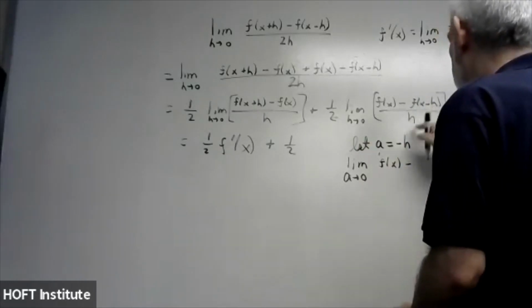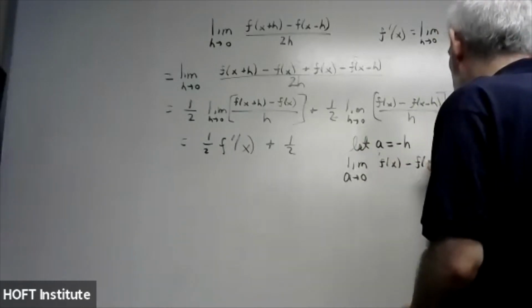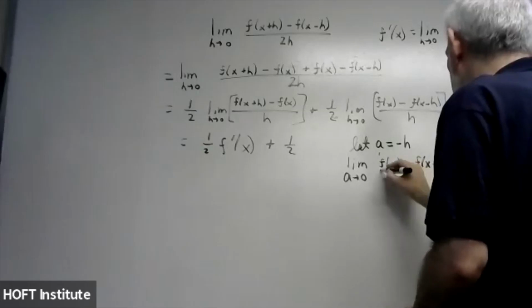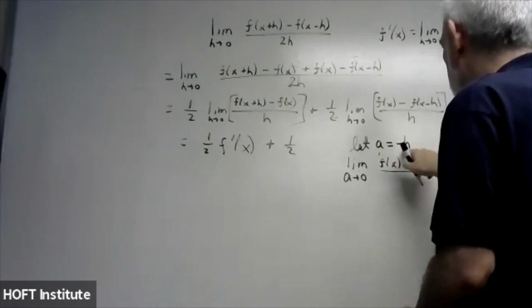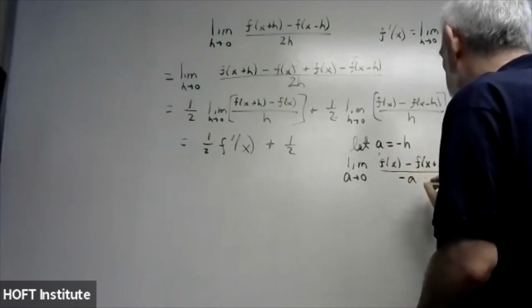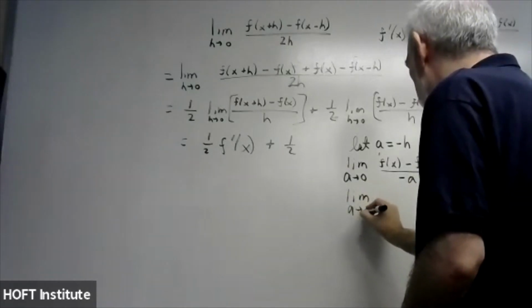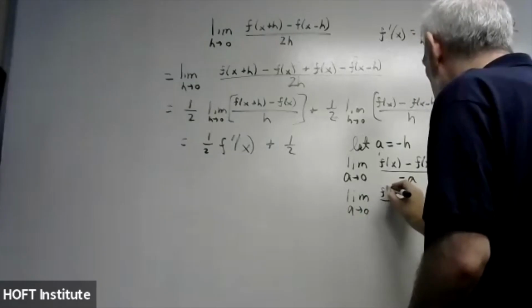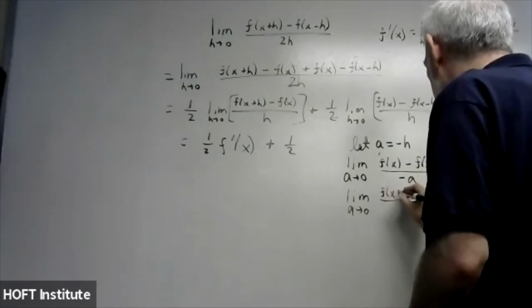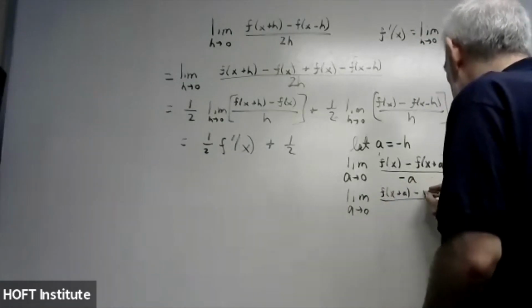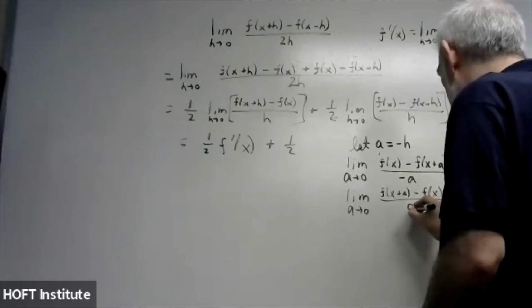This negative h is going to become a plus a, so x plus a, and h would equal negative 1 times a. We can multiply by negative 1 on the top and bottom of this fraction, which would give us, that would become positive, that would become negative, and the bottom would become positive.